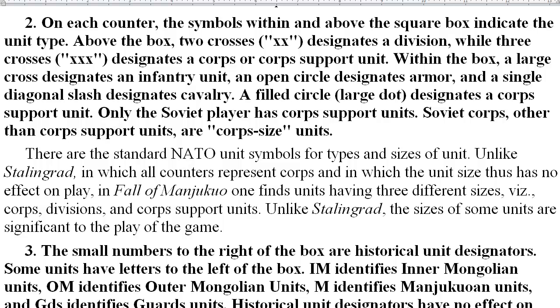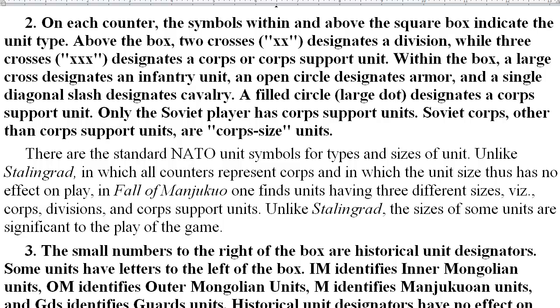If you look at the unit counters, some of them have a pair of X's above the top of the counter. That indicates that the unit is a division. Other unit counters have 3 X's, which indicate either a corps or a corps support unit. A corps support unit would be the corps headquarters, artillery, additional attached battalions and brigades, and other good stuff.